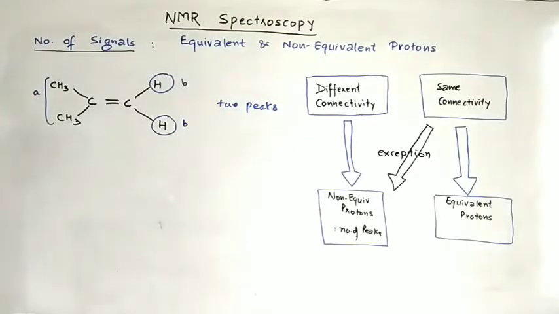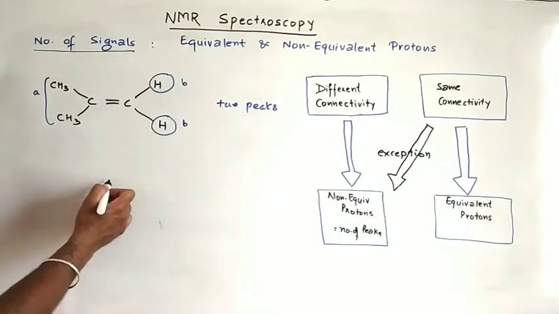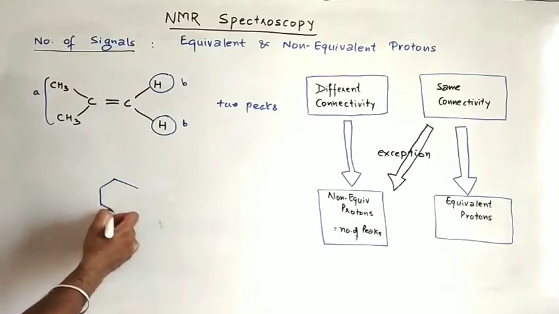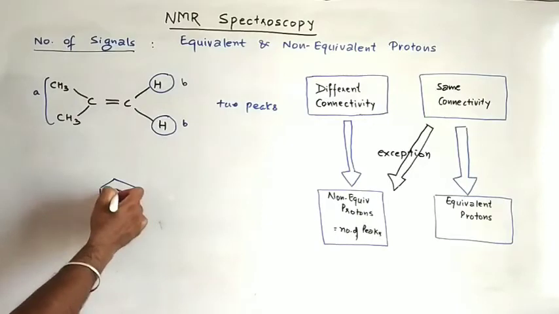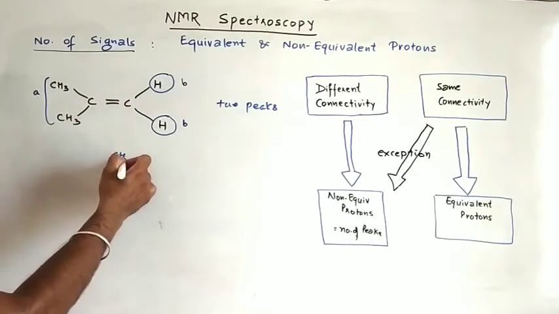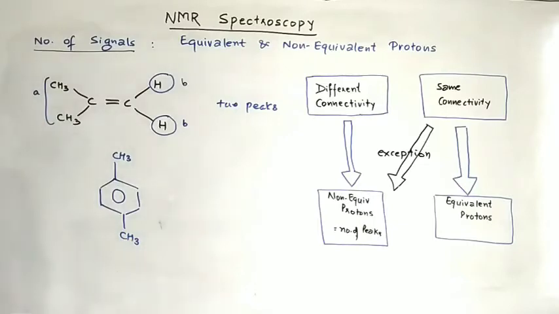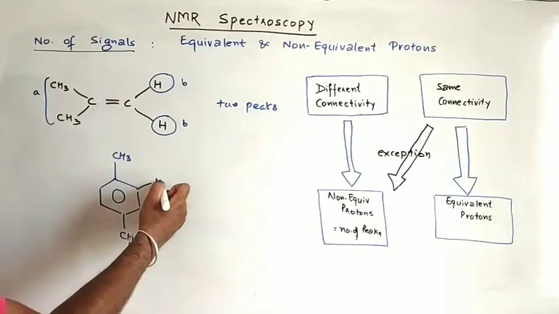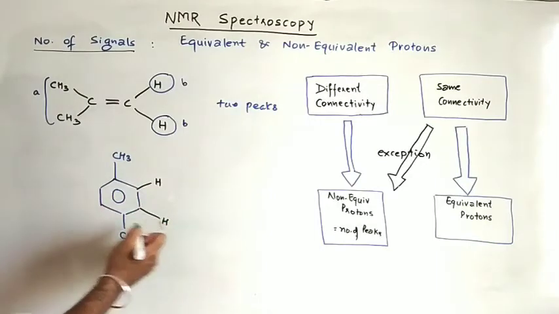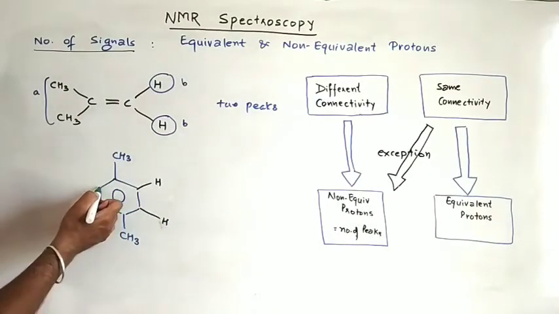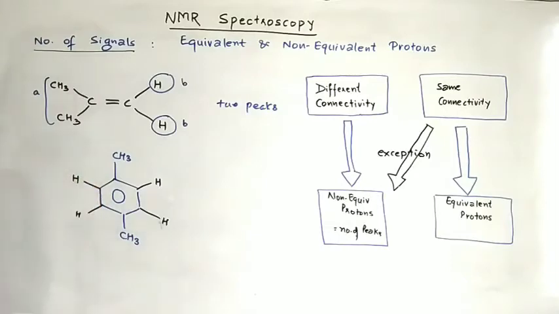Okay, next example is, say we have a benzene, methyl here, methyl here. This is paraxylene, 1,4-dimethyl benzene. How many types of protons are there? Hydrogen is here, hydrogen is here, hydrogen is here, hydrogen is here.